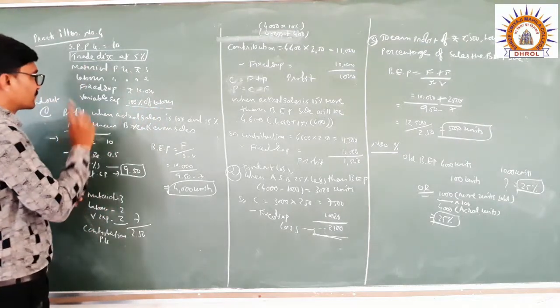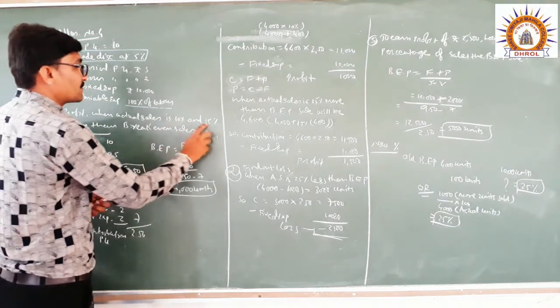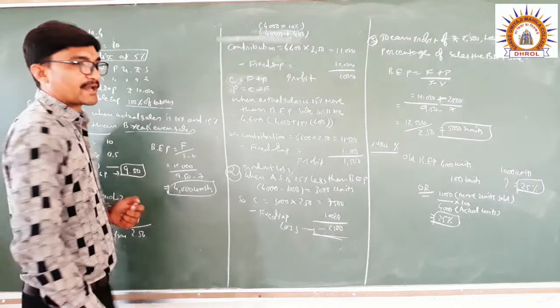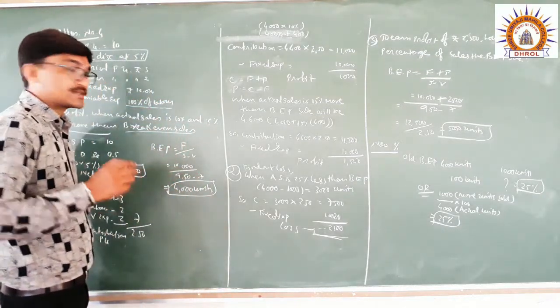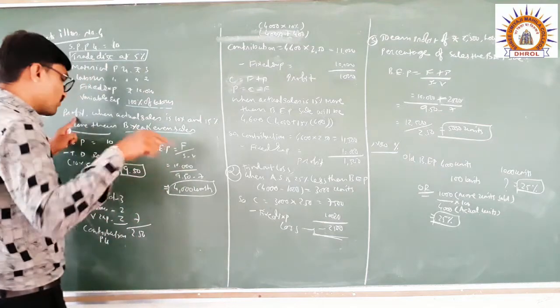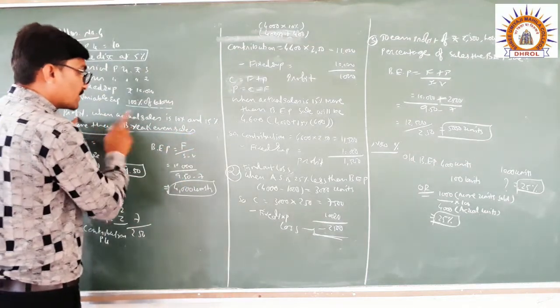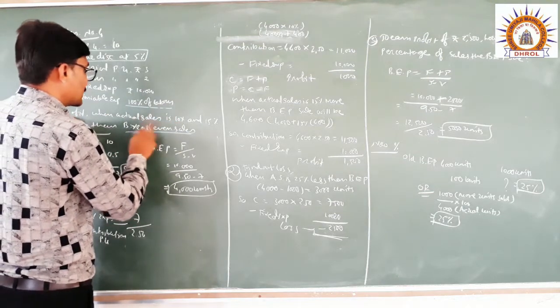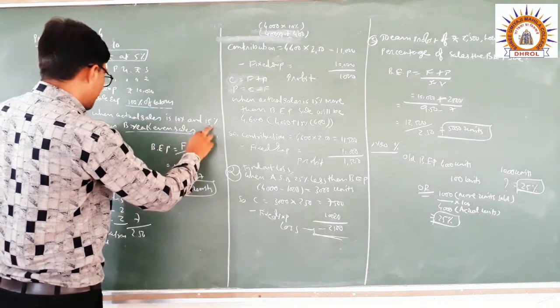Then find out, first of all, the profit when actual sales is 10% and 15% more than the break-even sales. The first question is to find out the amount of profit when there is a change in actual sales, that means 10% and 15%.